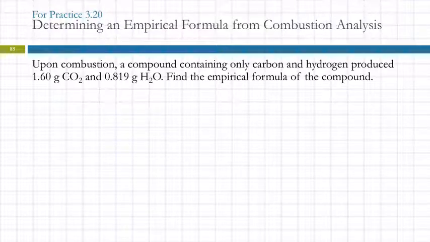Okay, upon combustion, a compound containing only carbon and hydrogen produces 1.60 grams of CO2 and 0.819 grams of water. Find the empirical formula of the compound. So we know we've got just carbon and hydrogen.